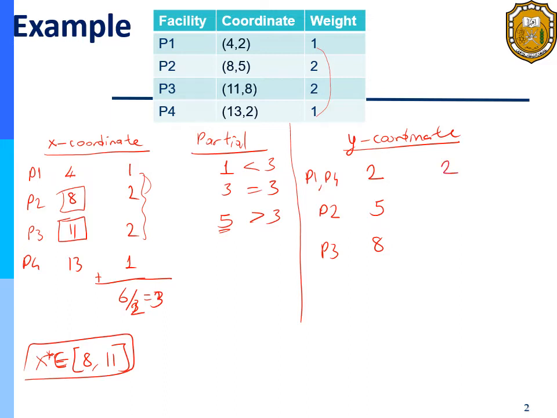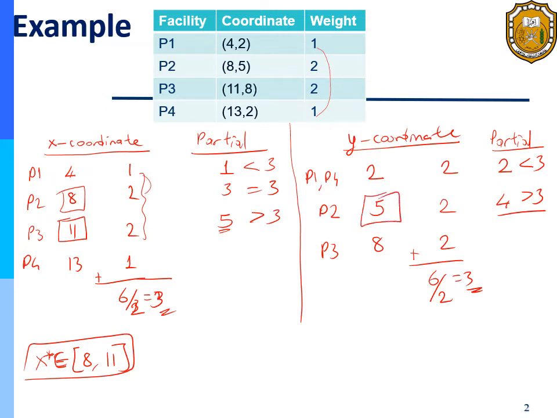So it will be 2, 2, and 2, and again their summation is 6, and when I divide it by 2 it is 3. This will always be equal because I'm using the same weights. And the partial sum here is 2, which is less than 3, and this is 4, which is greater than 3, and this is the first coordinate where the partial sum exceeds half of the weight. So it means that the optimal y coordinate is 5.